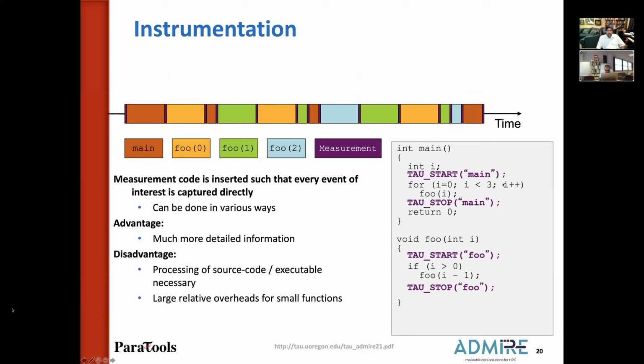And this allows us to create precise measurements and generate exclusive time and inclusive time. Now you see that you did not miss any of the functions, but if the function is trivial and it executes frequently, then you may get a runtime dilation that is large. So TAU has the ability to throttle away events at runtime.